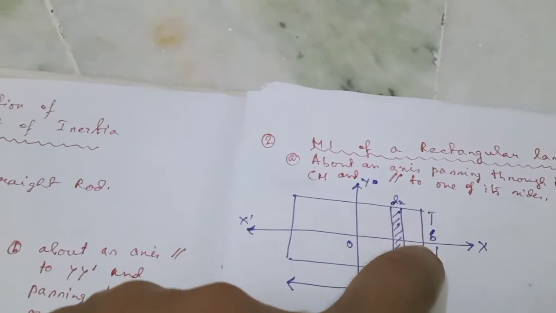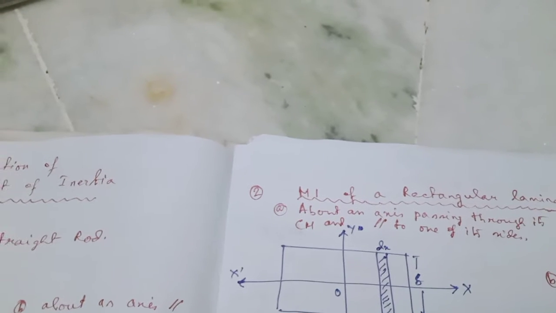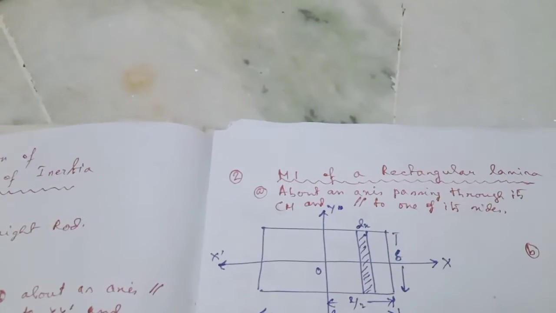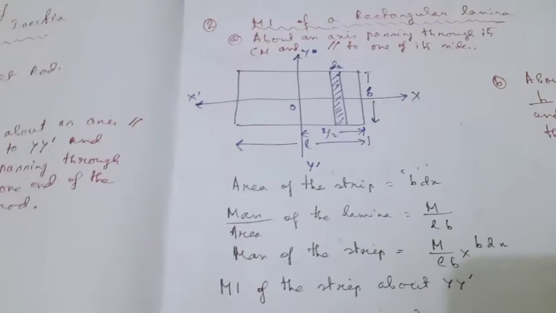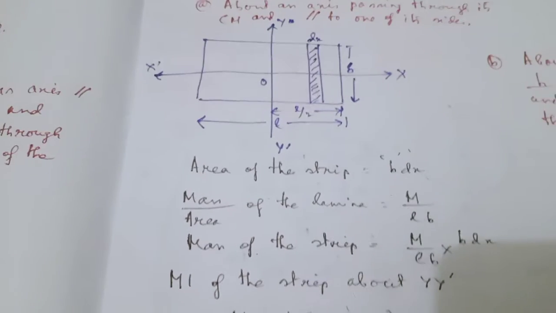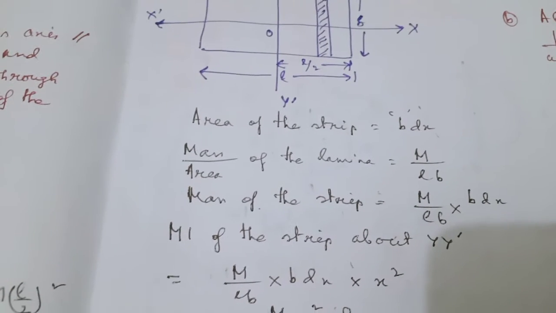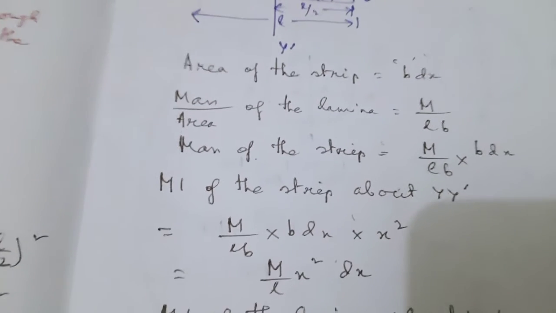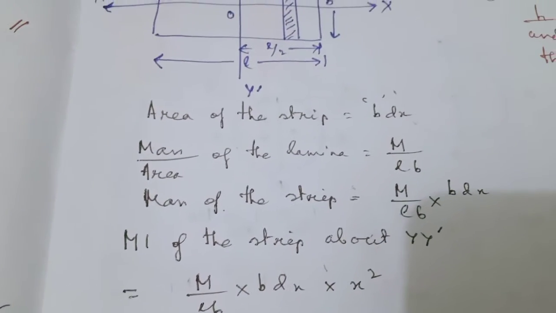So mass of the strip is M by LB into B dx, mass per unit area into B dx. The moment of inertia of the strip about y dash is M by LB into B dx into square of the distance. That will give you M by L into x square dx.